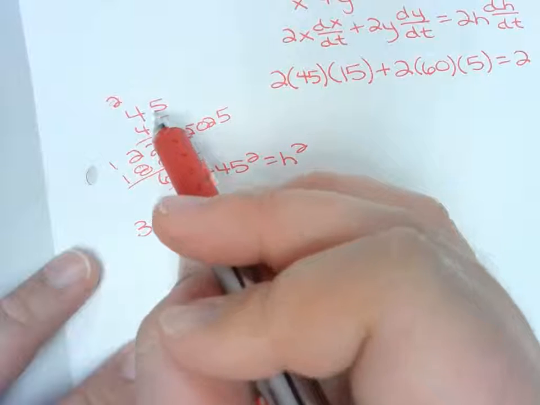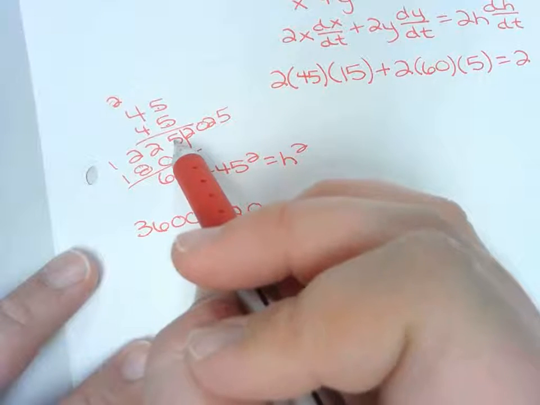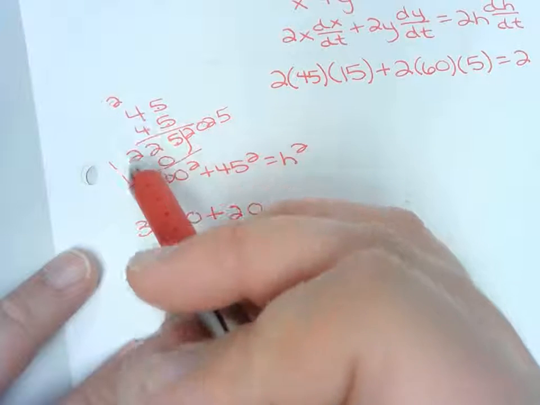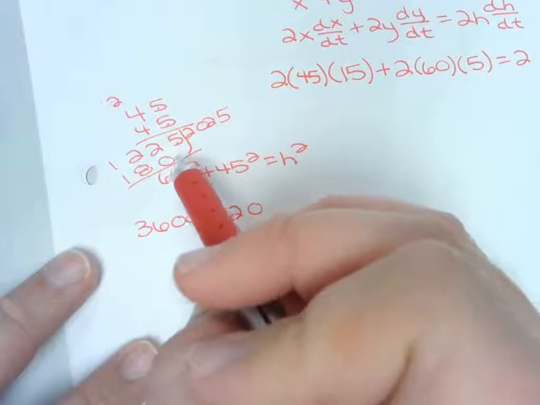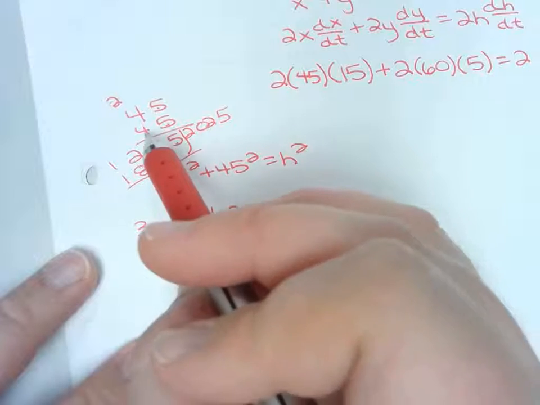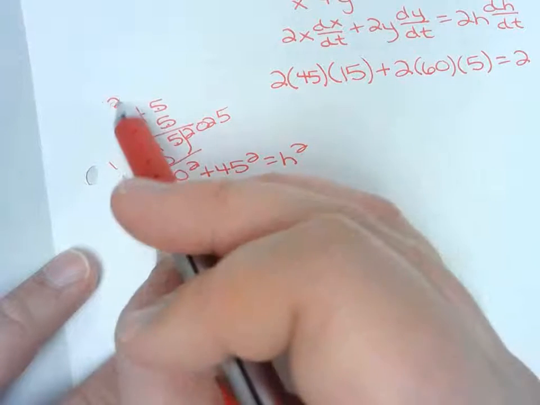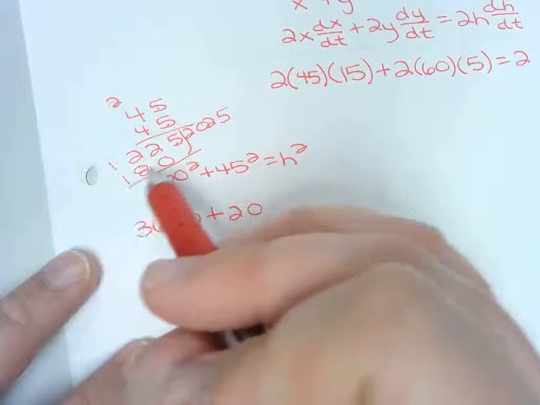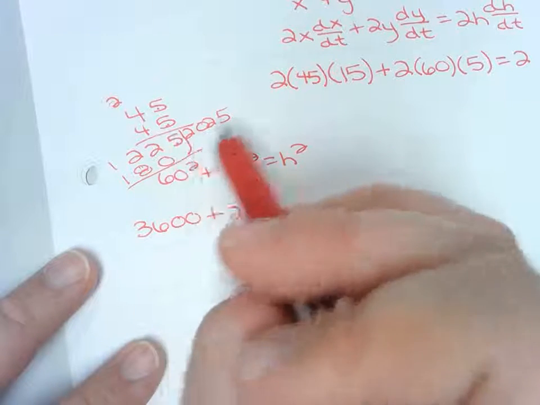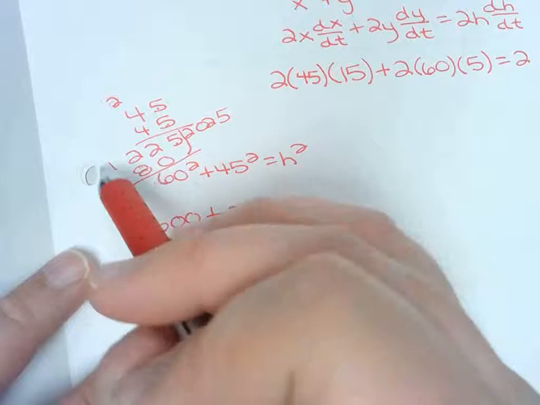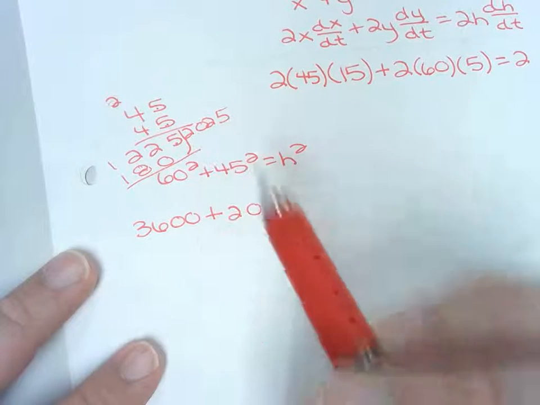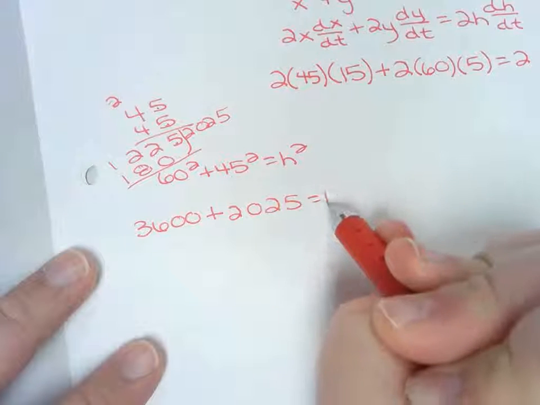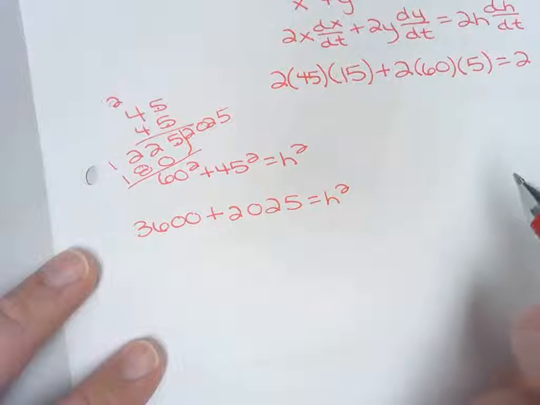You start with the 5. 5 times 5 is 25. Put the 2 here. 5 times 4 is 20, so it's 22. You skip over a space. 4 times 5 is 20. Put the 0. Put the 2. 4 times 4 is 16, plus the 2 is 18. And then you add down. 5, 2, 10. So carry the 1. 20, 25.